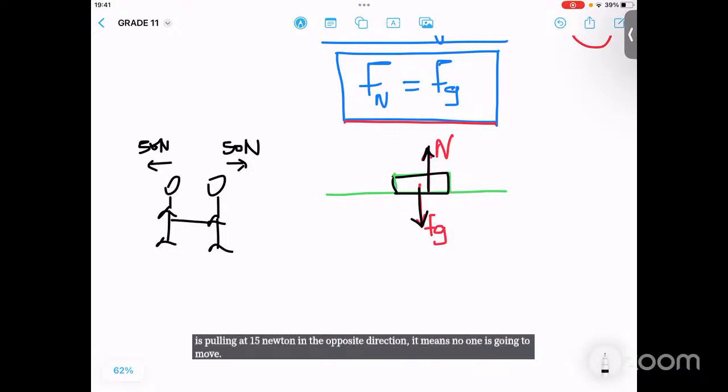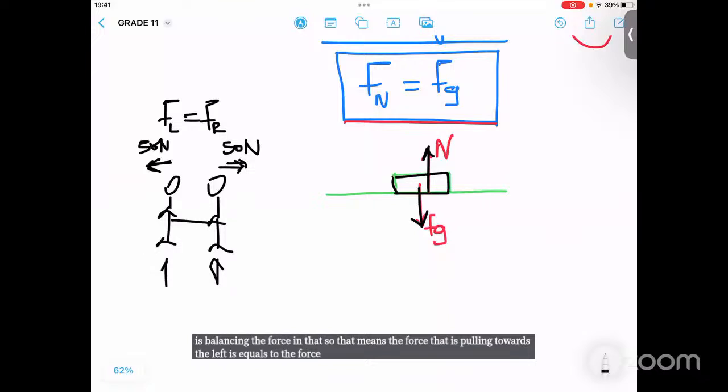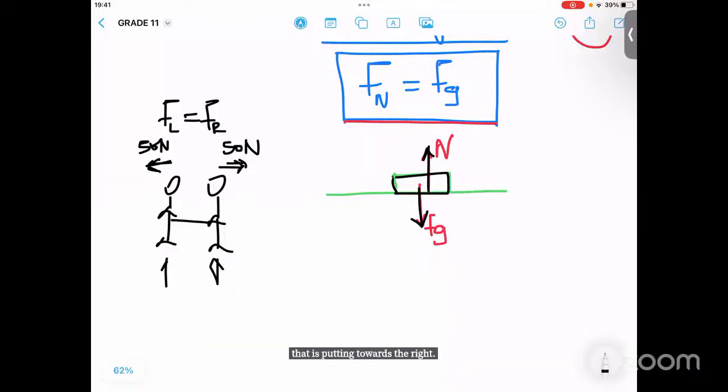So you will just remain in your positions. Why? Because the force in that direction is balancing the force in that. So the force that is pulling towards the left is equal to the force that is pulling towards the right. That's why in this case, it is the up and down forces. That's why we are saying the force that is pulling upward is equal to the force that is pulling downwards.